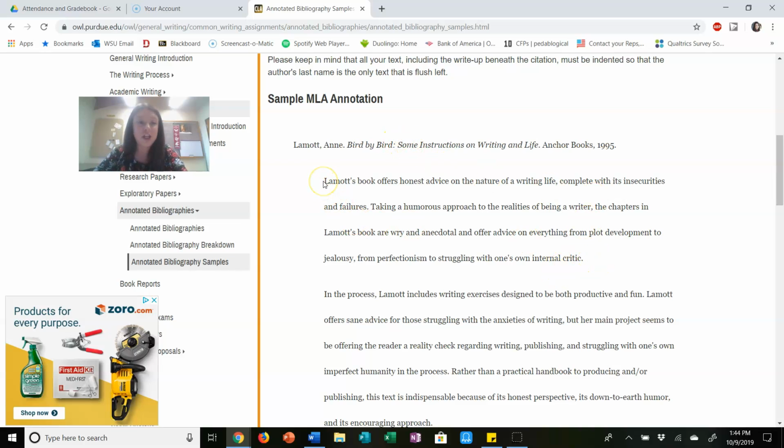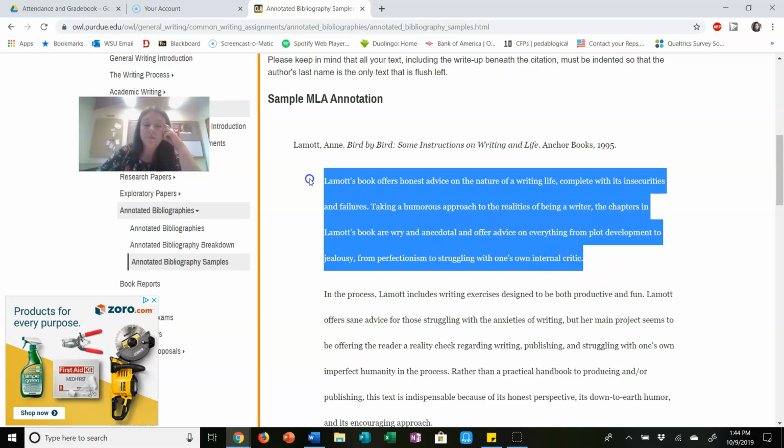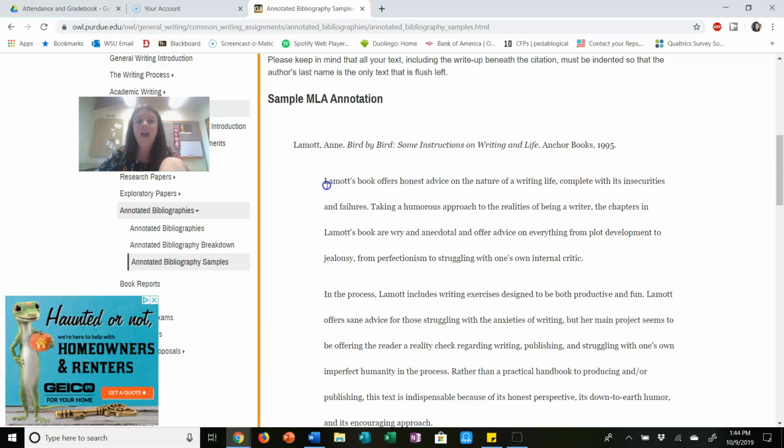But you can see here that they're using block formatting, aside from the fact that it's not single space, and that might just be how this appears on the screen. But you would just want to make sure that this content is single space. You can see that the first line of each paragraph is not indented. That is correct. You'll want to make sure you do that in your own work.